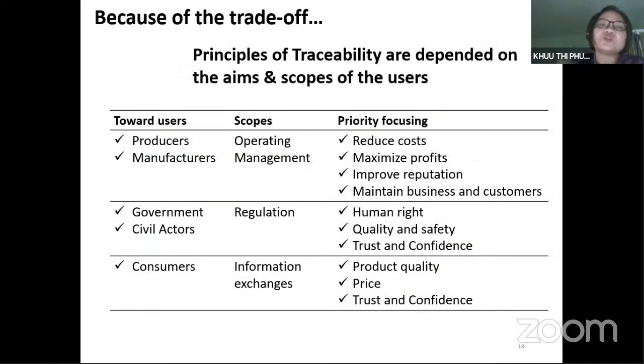And because the principles of traceability will depend on the aim and scope of the users.